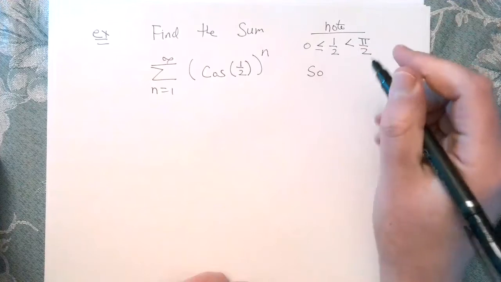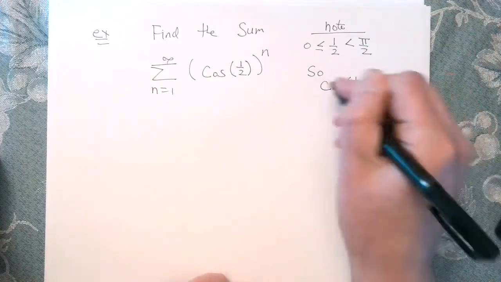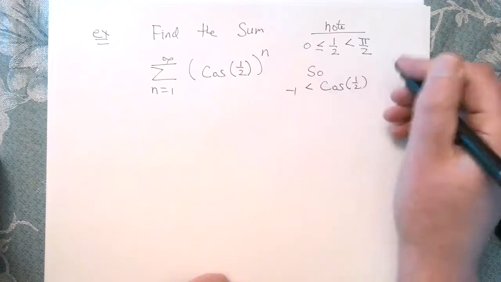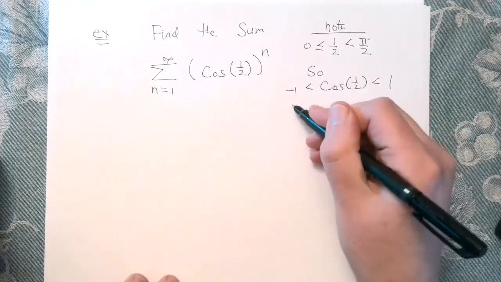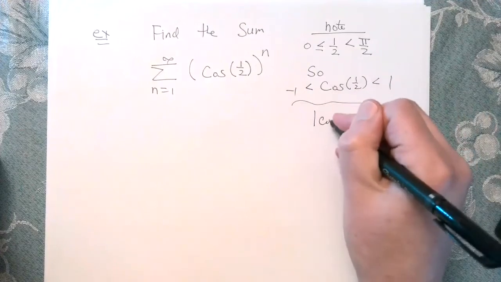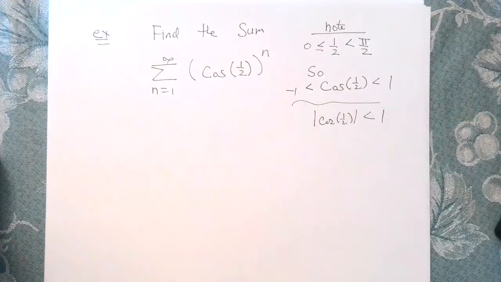And so cosine of 1/2 lives between -1 and 1. I mean, I could make that sharper if I need to, but that's actually sufficient since we're talking about geometric series. But again, that's the same thing as saying that the magnitude of cosine of 1/2 is less than 1.